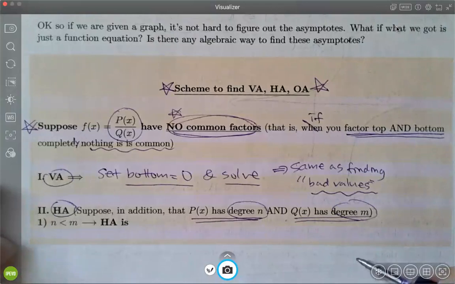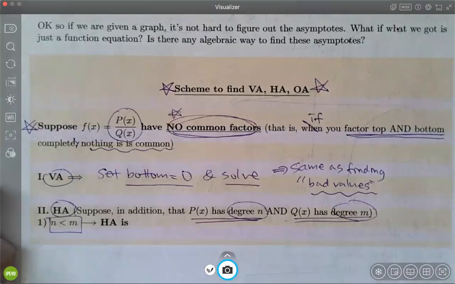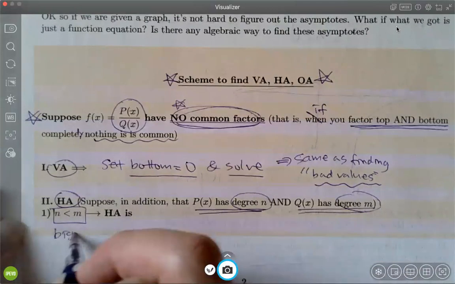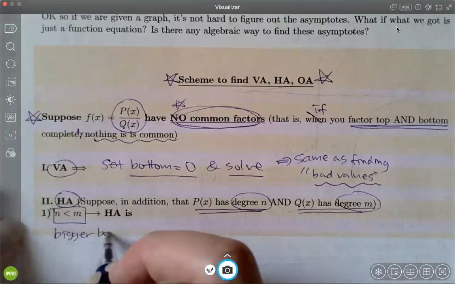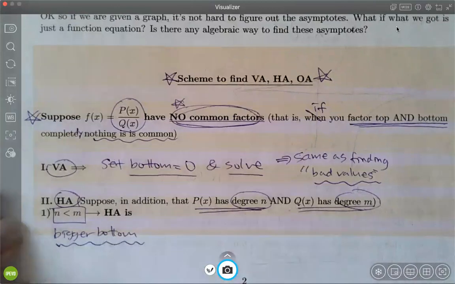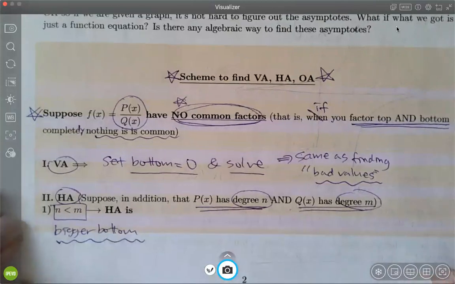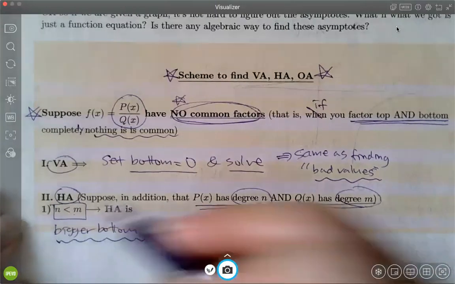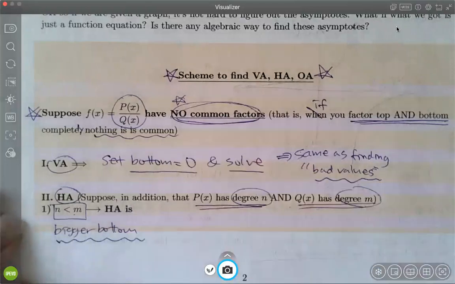But case number 1, n is less than m. So now what does that mean? This is a sloppy representation, but bigger bottom. Hopefully you can see why, because this says the bottom degree is bigger, right? So to put things in a simpler way, you can always remember, bigger bottom.